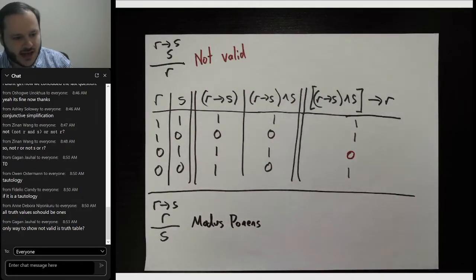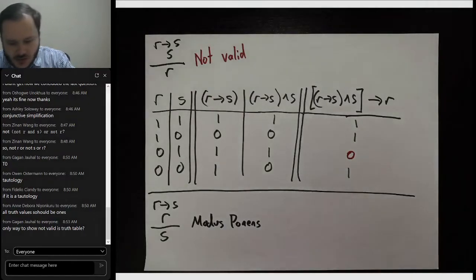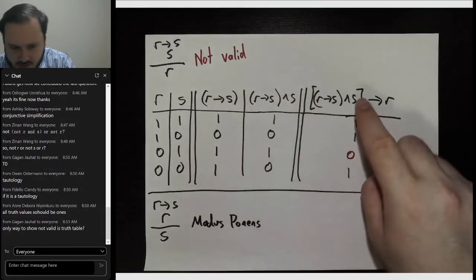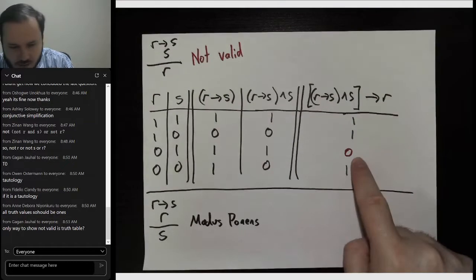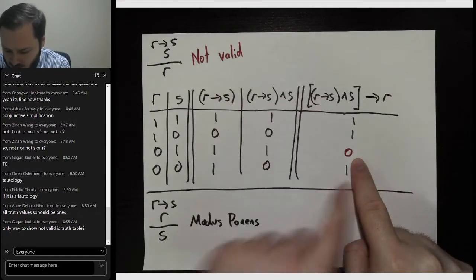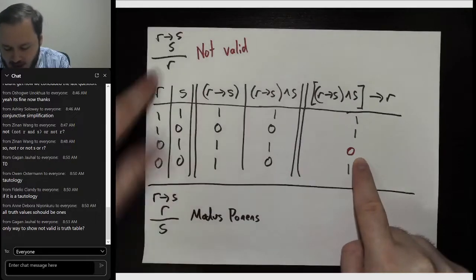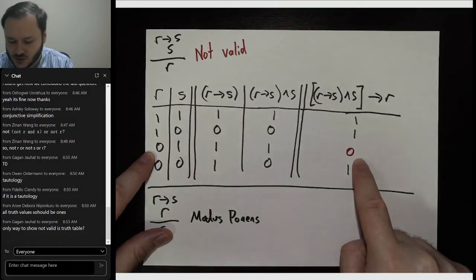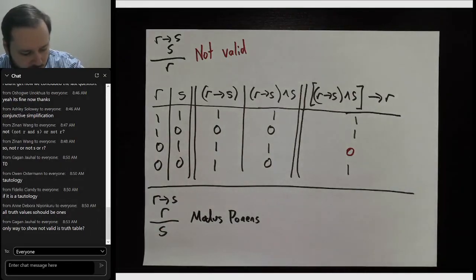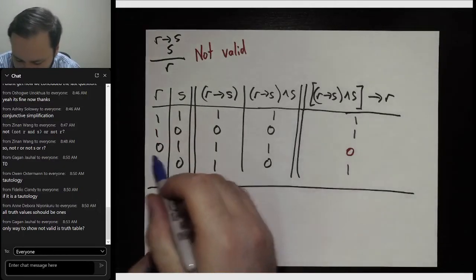Is the only way to show an argument is not valid to use a truth table? The only way to show an argument is not valid is to find an assignment of the variables that makes it false. You can do that with a truth table, right? If an argument is not valid and you do the whole truth table, you'll always find an answer. But you don't have to show the whole truth table. The part of the truth table that shows this is not valid is just this one line.